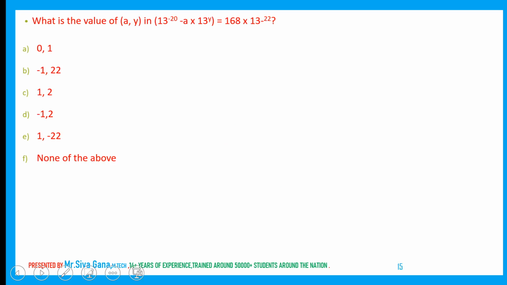What is the value of a comma y in this? Okay, let us just solve it. This is 1 by 13 power 20 into minus a into 13 power y, equal to 168 divided by 13 power 22.